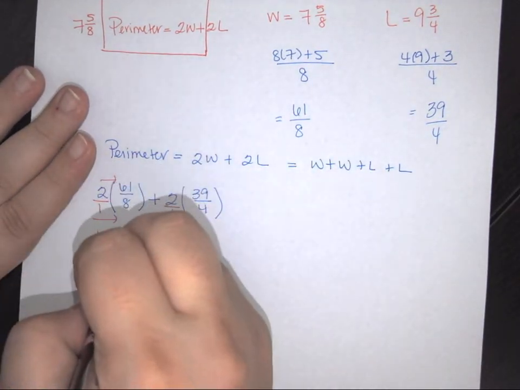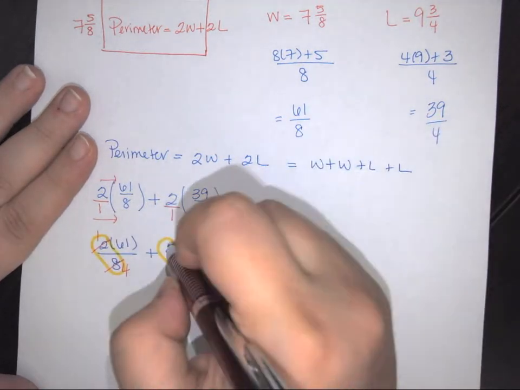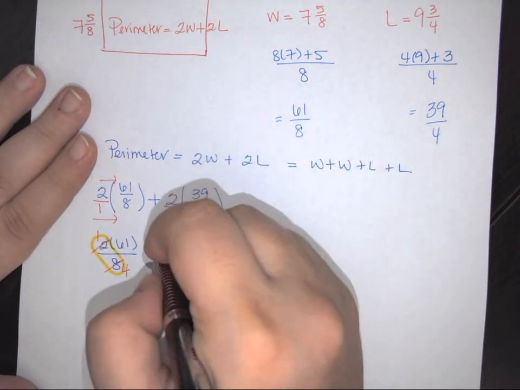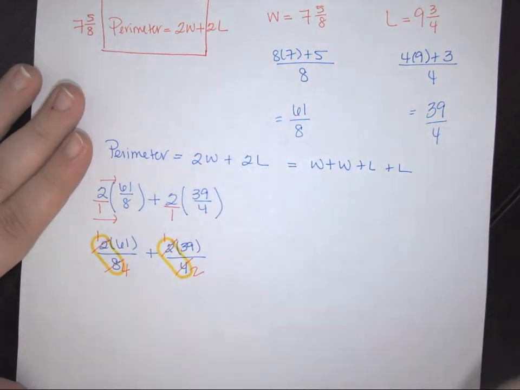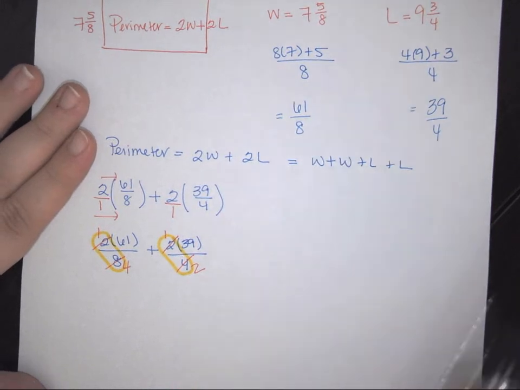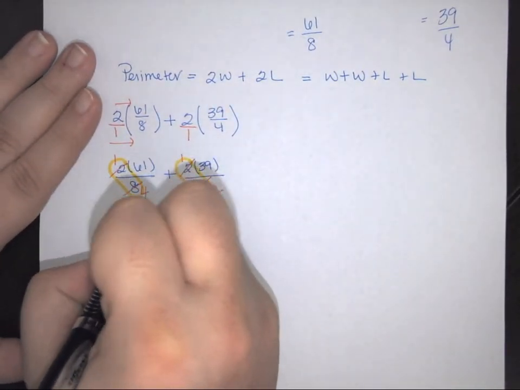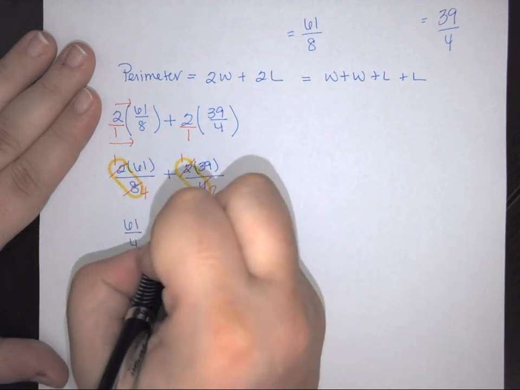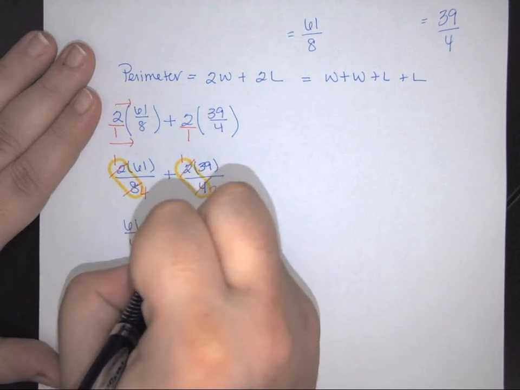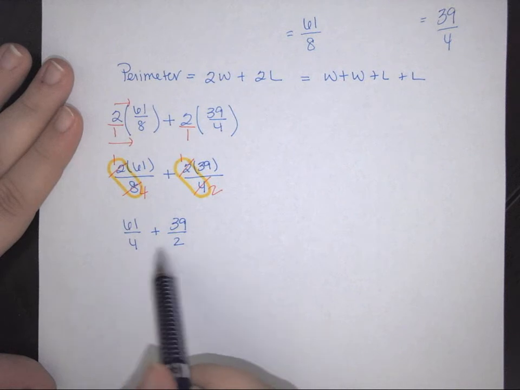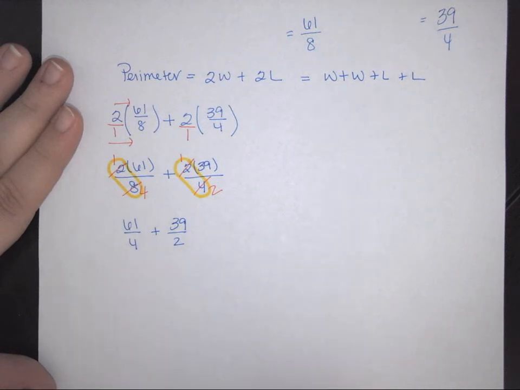In this reduction, notice 2 goes into 8 nicely. This becomes a 1, and this becomes a 4. And 2 goes into 4 nicely. This becomes a 1, and this becomes a 2. Thus, changing my fractions down to 61 over 4 plus 39 over 2. Now, between 4 and 2, 2 goes into 4 nicely.